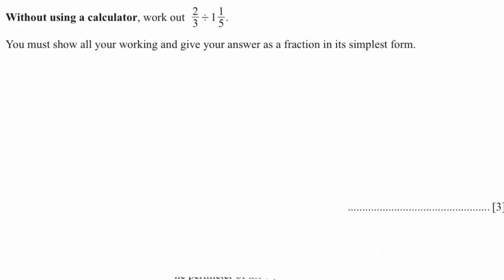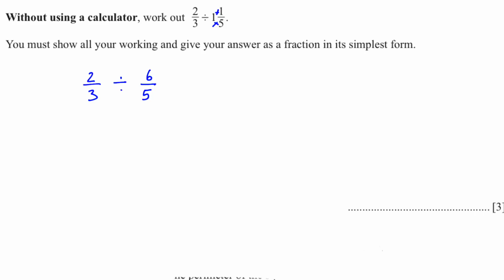So 2/3 divided by 1 over 5. To change a mixed fraction into an improper fraction, we multiply the divisor by the quotient and add it with the top number that we have, which is the remainder. So 5 multiplied by 1, 5 plus 1, 6 over 5.